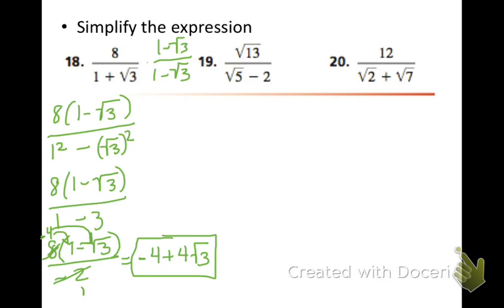Okay, in the next one, the conjugate will be the square root of 5 plus 2. The square root of 5 plus 2. So we'll take the square root of 13 times the square root of 5. Maybe I'll write that like that.